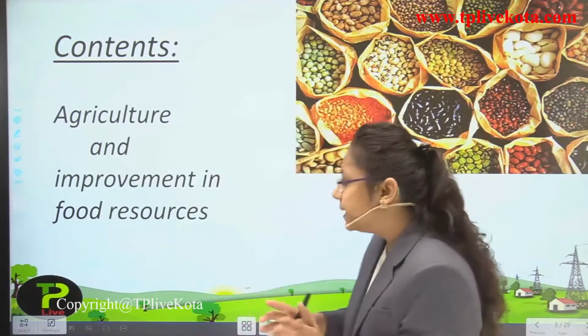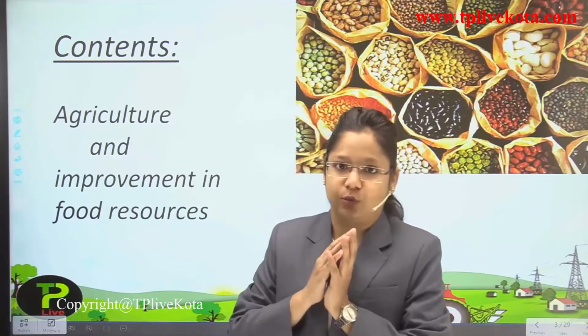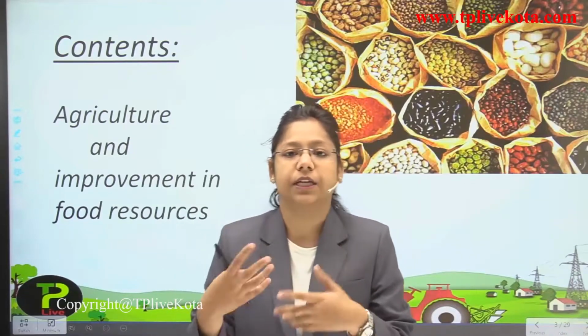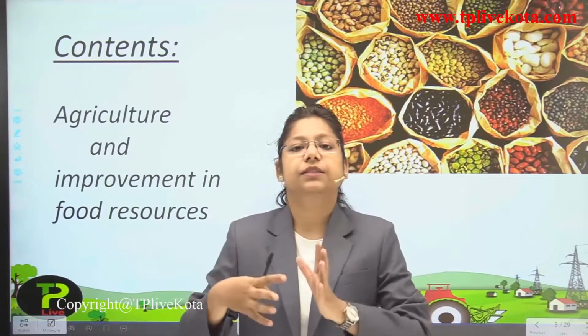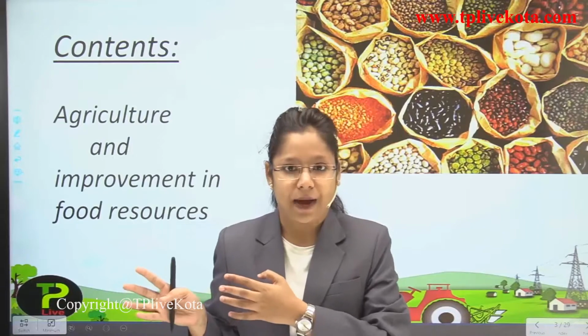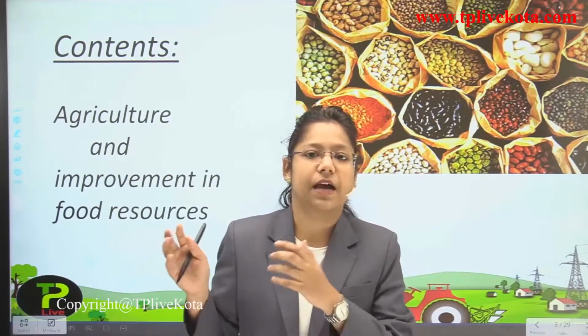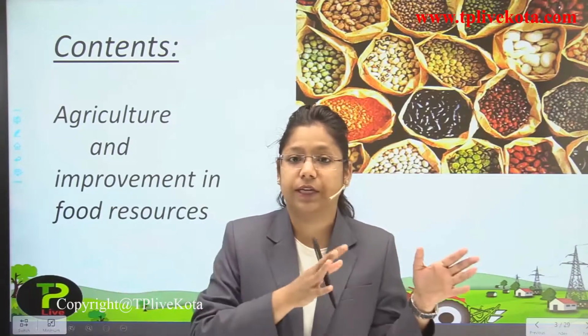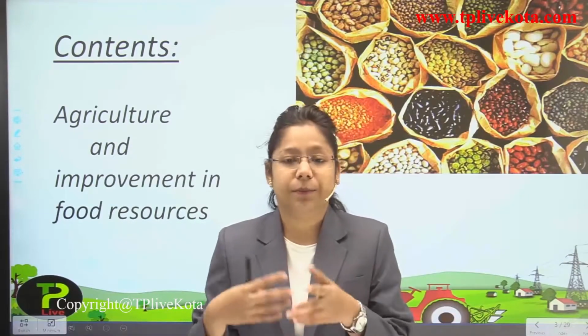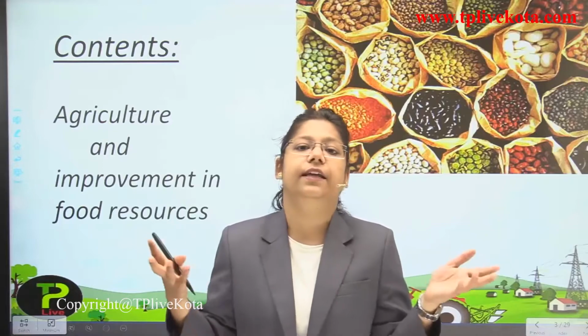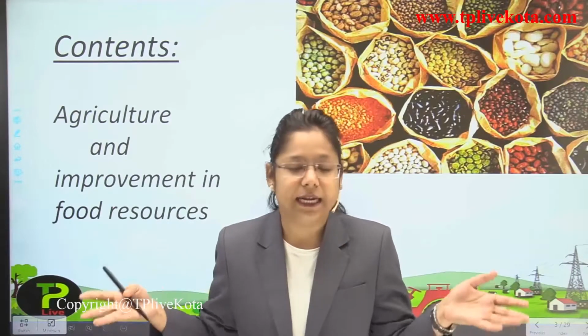The second thing is improvement in food resources. What improvements are coming in our food resources? The generation of hybrid plants, many fruits and vegetables converted through cross pollination, and also mixed farming practices, so that they can be grown in a particular land or field.